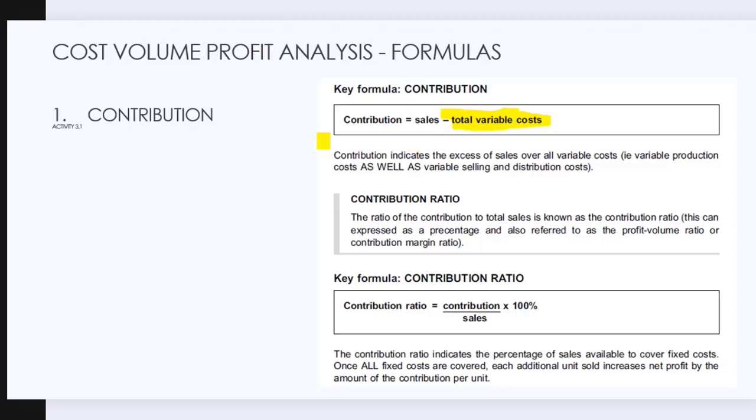So this is one way of calculating your contribution. There's also another way, which is contribution ratio. The contribution ratio is your contribution over your sales multiplied by 100 percent. It indicates the percentage of sales that are available to cover your fixed cost. So that's something to note.